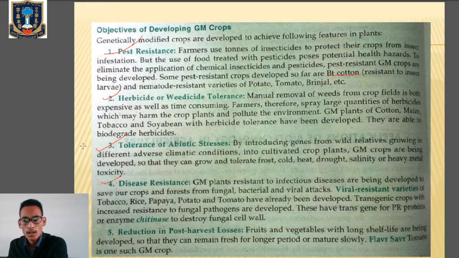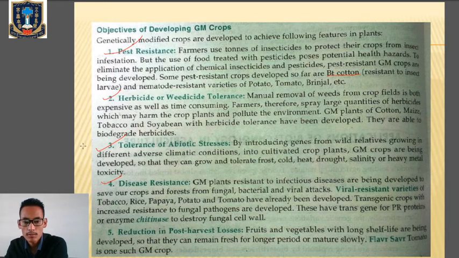They are being developed to save our crops and forests from fungal, bacterial and viral attack. For example, we have got viral resistant varieties of tobacco, rice, papaya, potato and tomato. This has been developed already, resistant to viral attack. Then transgenic crops with increased resistance to fungal pathogens have also been developed. These have the transgenes for PR proteins or the enzyme chitinase to destroy the fungal cell wall.